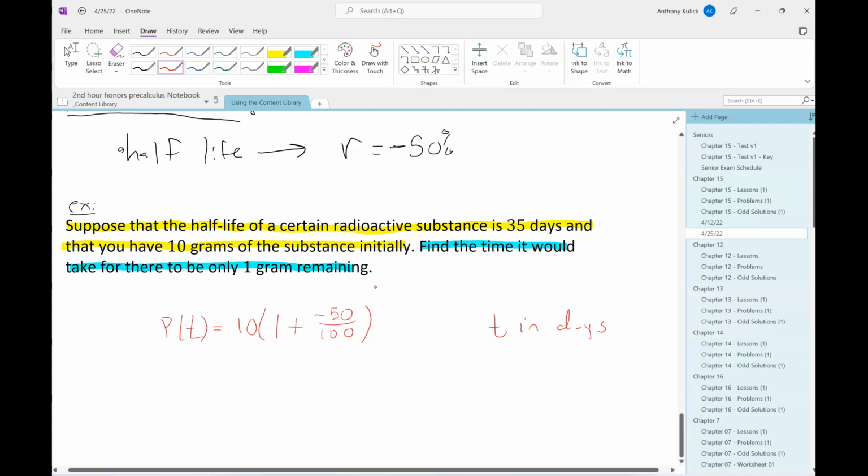How many half-lives can occur in 1 day? It takes 35 days to get 1 half-life, right? How much of a half-life do we get in 1 day? 1/35. So this should be t over 35.